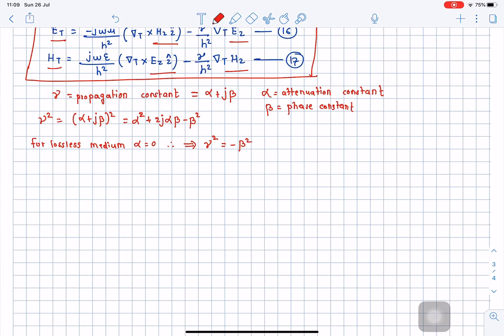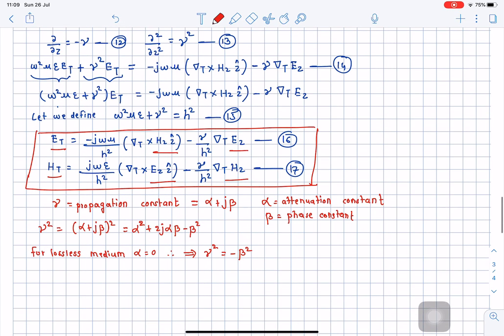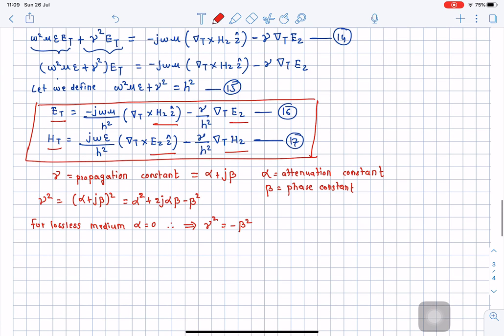Please remember. Therefore h square, from equation number 15: omega square mu epsilon plus gamma square is equal to h square, this particular equation. Here we can replace gamma square with minus beta square.